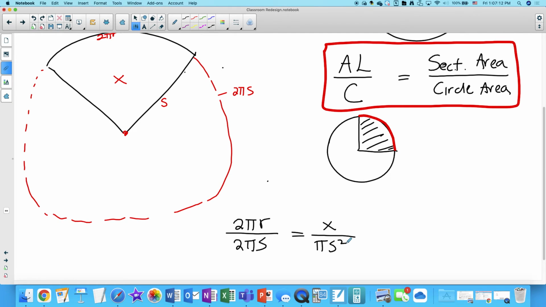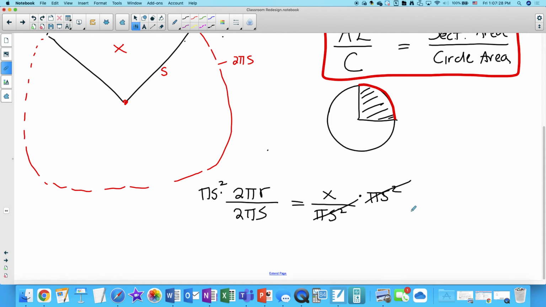So now I can use opposite operations to try and solve for x by multiplying both sides by pi s squared. When I do that and simplify the left side, what you'll see is that the 2's cancel, the pi's cancel, and so we basically have pi r s squared over s.